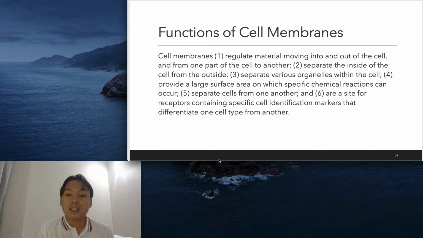It separates the inside of the cell from the outside, to prevent the substances inside your cell from leaking out, and also separates various organelles within the cell, providing a large surface area on which specific chemical reactions can occur, and separates cells from one another. Lastly, it provides sites for different receptors containing cell-specific identification markers that differentiate one cell type from another. That's the purpose of your cell membrane.